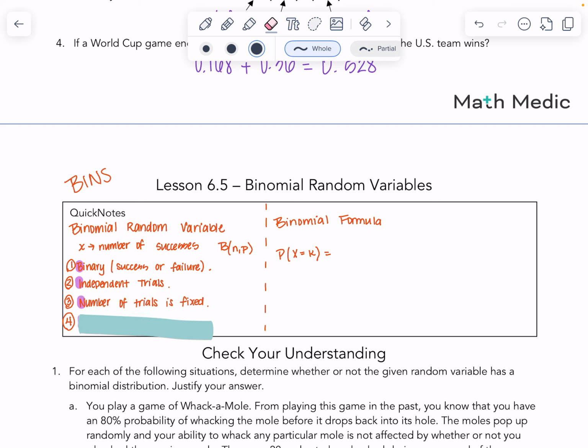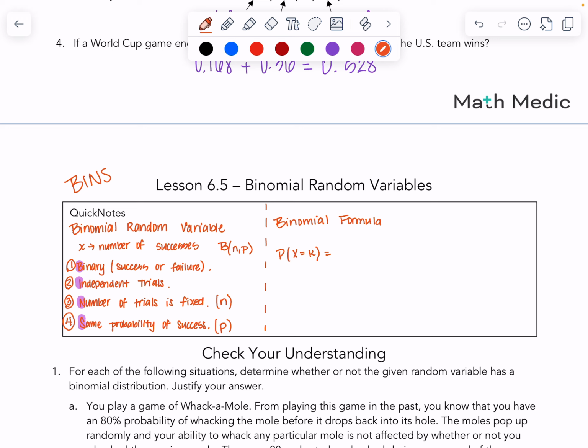The number of trials has to be fixed. That was where your N comes in. And then the last is the same probability of success. In the example that we just did, that was 0.7, and the number of trials was 5.